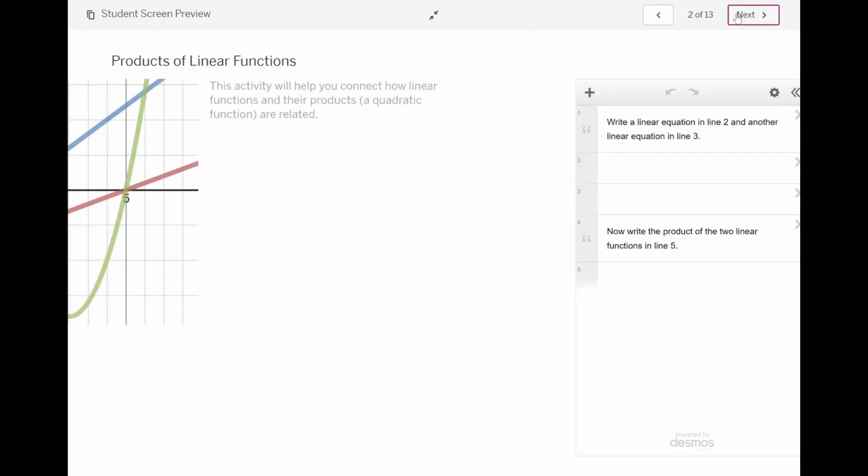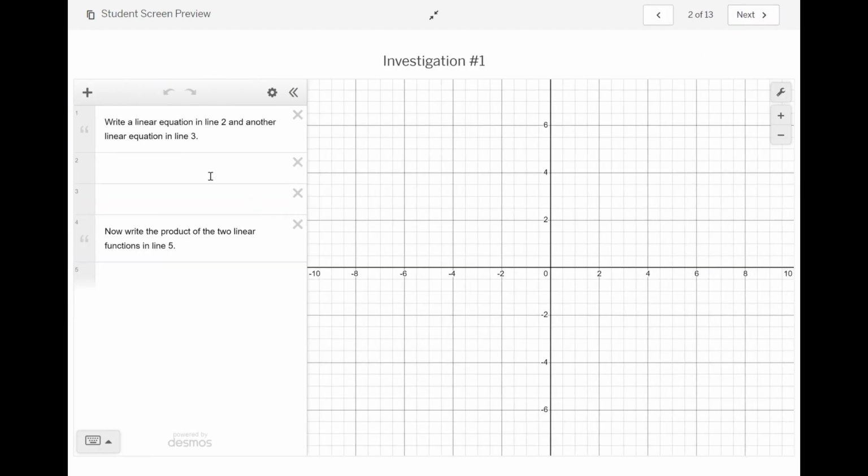So let's dive in. Right here it's asking us to create a linear equation in line 2. Okay, here's line 2. And another linear equation in line 3. So you can come up with any linear equation that you can think of. Let's just do x plus 2. Okay.